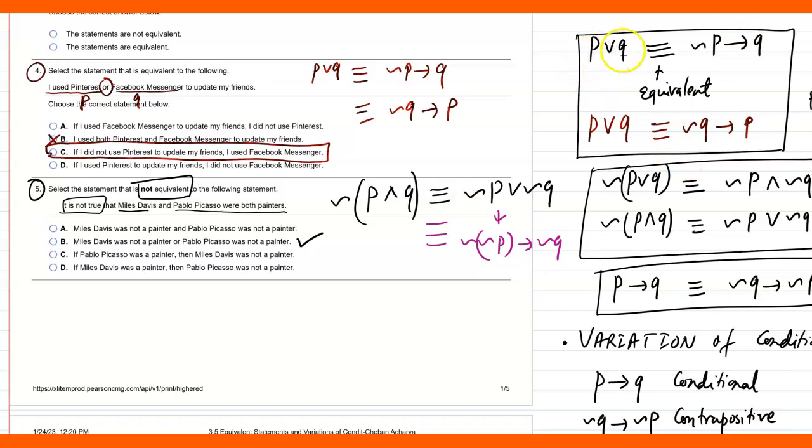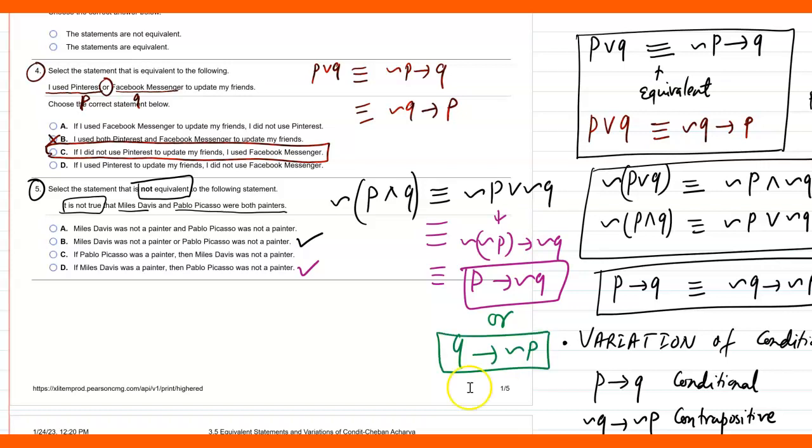If P or Q, if you have an or disjunction, that's equivalent to not P right arrow Q. That means if you negate that and keep that after the arrow, that's the equivalent. If you keep not Q, negate not P, that is the same as P, right arrow not Q, or this is the same as Q right arrow not P. The same thing. Q right arrow not P.